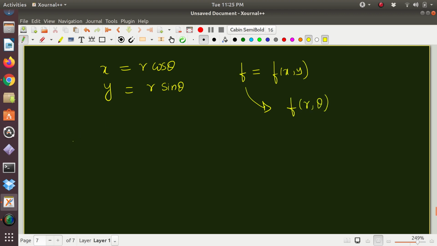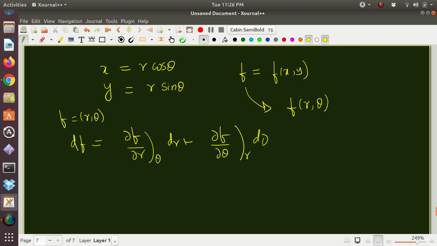Okay, so df, the total differential: if f is a function of r and theta, then df is partial f partial r at constant theta dr plus partial f partial theta at constant r d theta. Now if you want partial f by partial x from this representation, getting partial f by partial x at constant y is trivial if you have the function explicitly in terms of x and y.